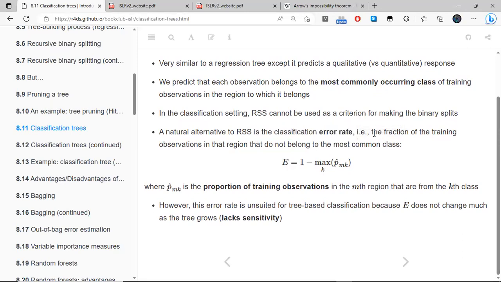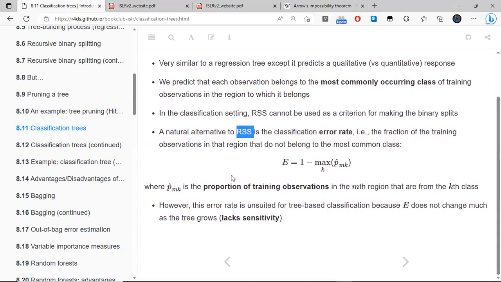By definition, it's the fraction of the training observations in a specific region that do not belong to the most common class. So this value over here. This would be a natural alternative to the RSS, the value that we want to minimize in order to obtain our optimal tree.